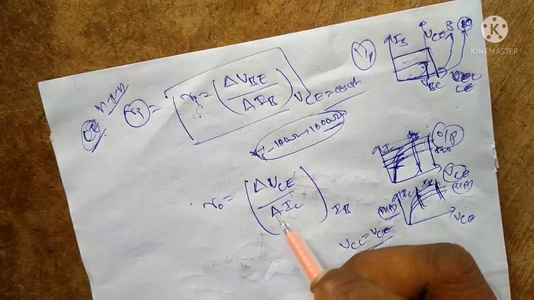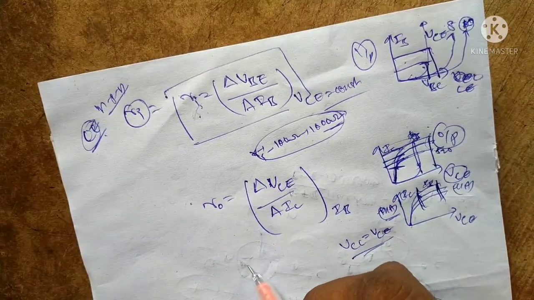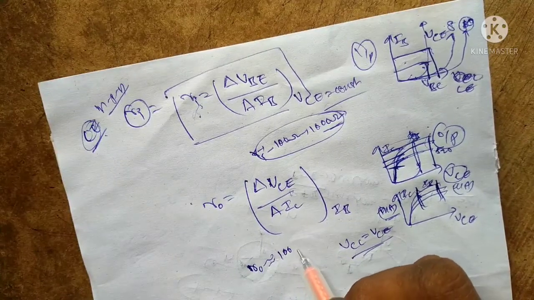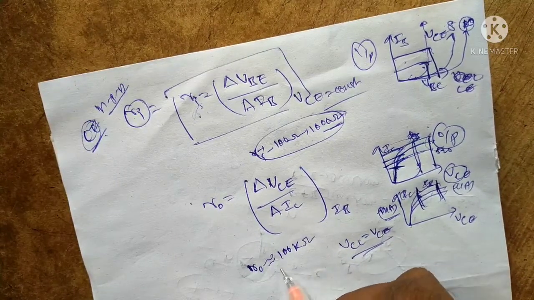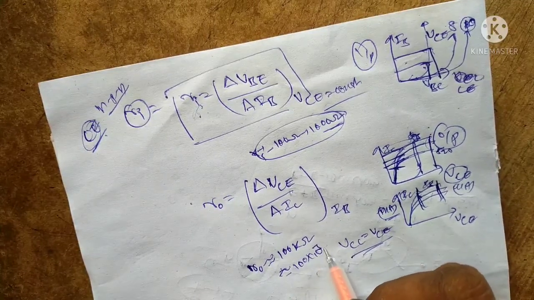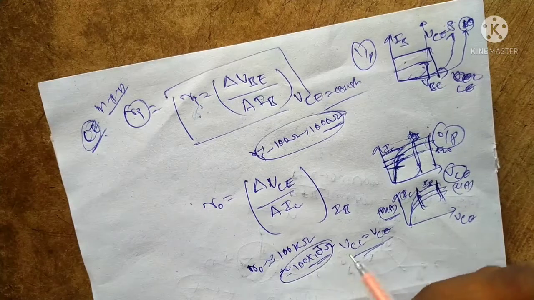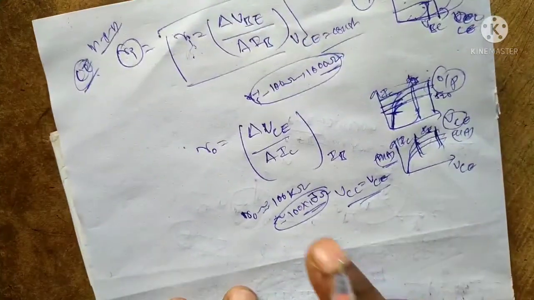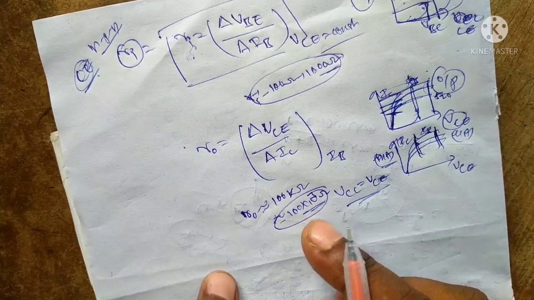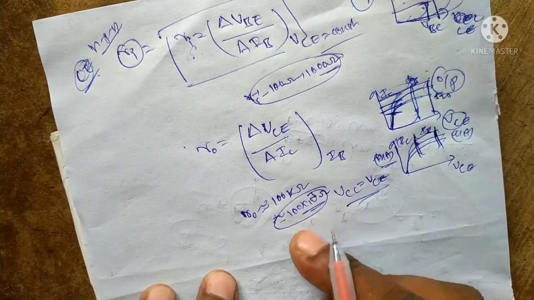And also, in the case of output resistance, the R0 value is around 100 kilo ohms. Kilo means 10 to the power of plus 3 ohms. It is a very high resistance at the output because it is connected in reverse bias.